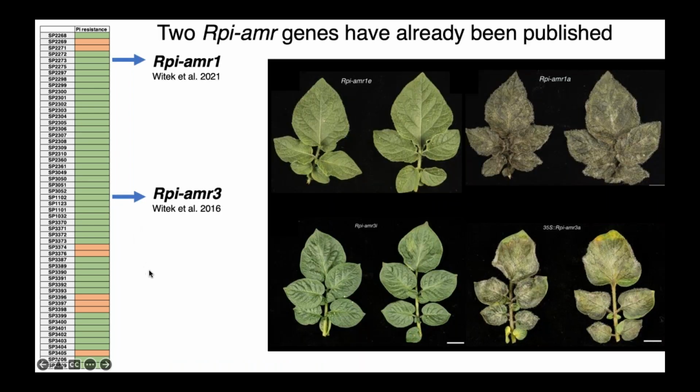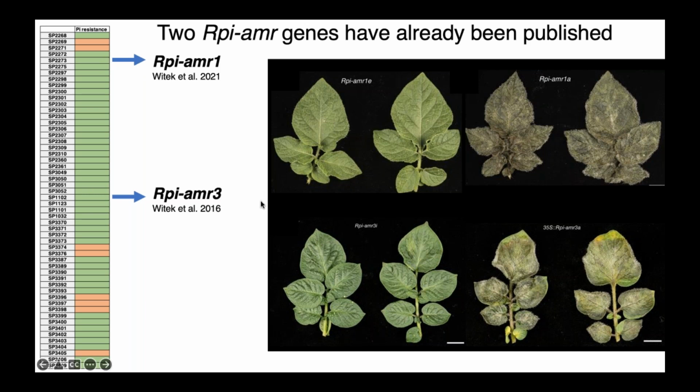But to identify new resistance genes, we first have to think about what we've already done. Previously, postdoc Camille Vutek cloned 2 resistance genes, Rpi-amr1 and Rpi-amr3. These were cloned from accessions 2273 and 1102. You can see the effect of these genes in these transgenic potato lines.